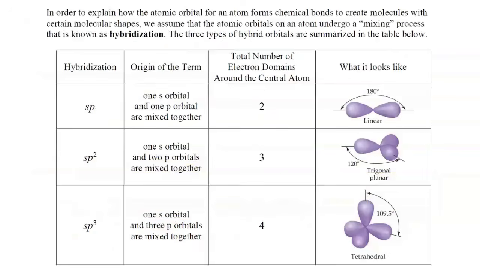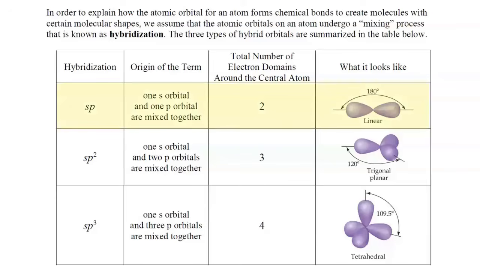So here in this table, you can see sp, sp2, and sp3 in the first column on the far left-hand side. In order to explain how the atomic orbitals for an atom form chemical bonds to create molecules with certain molecular shapes, we assume that the atomic orbitals on an atom undergo a mixing process that is known as hybridization. The 3 types of hybrid orbitals are summarized in the table below.